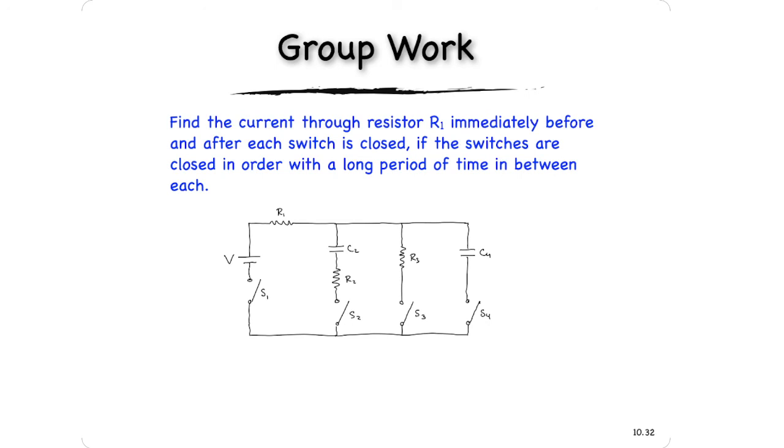So just remember that when a discharged capacitor initially has current flowing on it, it just acts like a wire. And when it's fully charged, it should act like an open circuit and not allow current to flow.